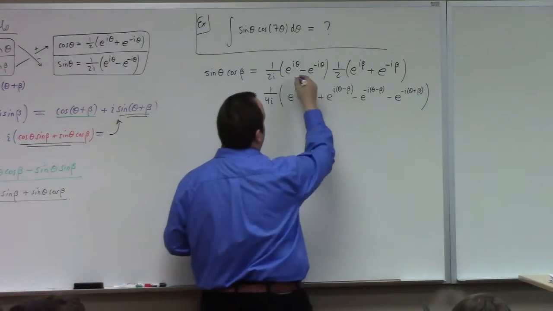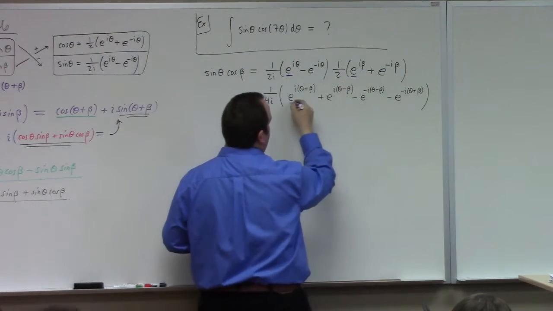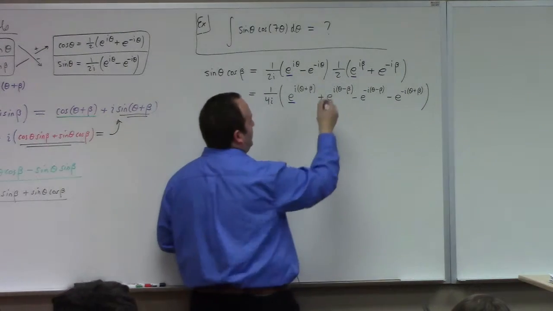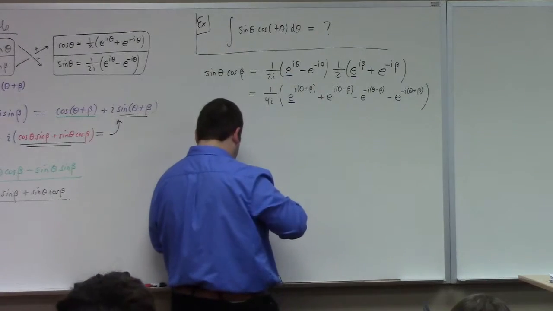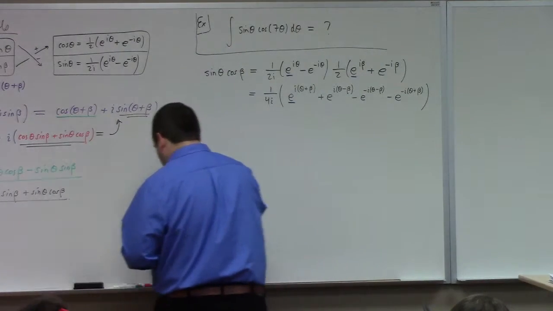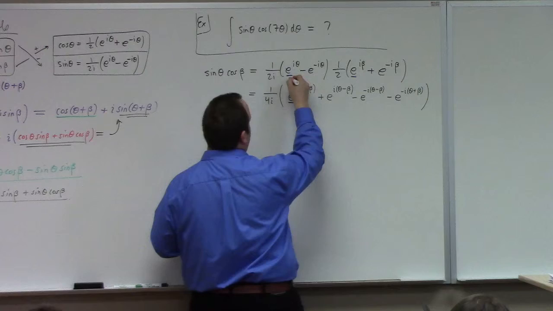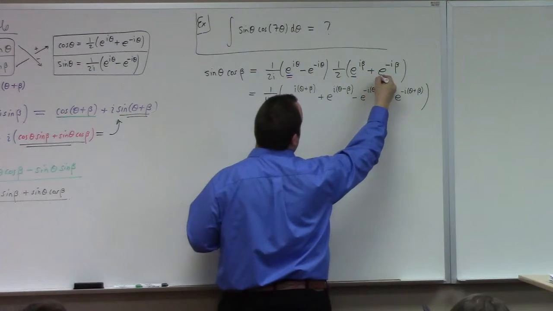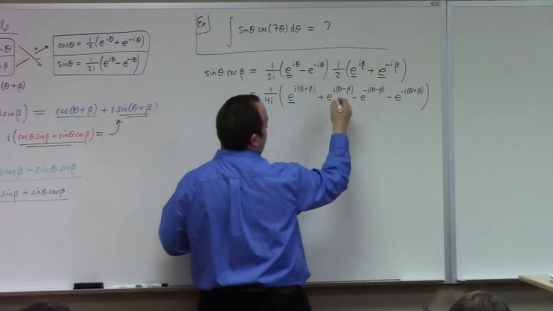Obviously this times this gives me that, right? And you should see pretty clearly that if I look at this one times this one, theta minus beta, I get this one.